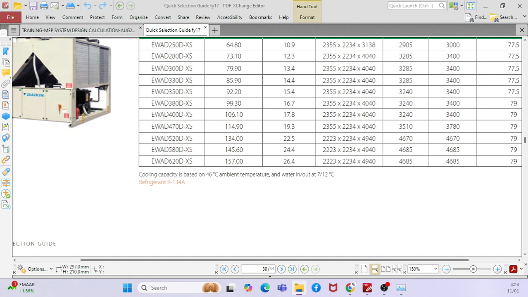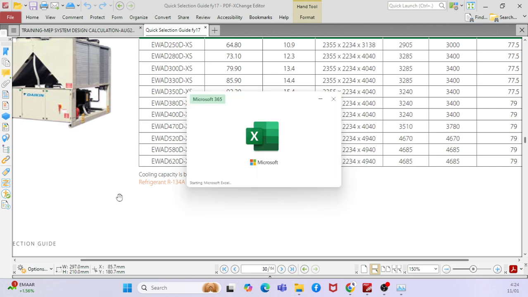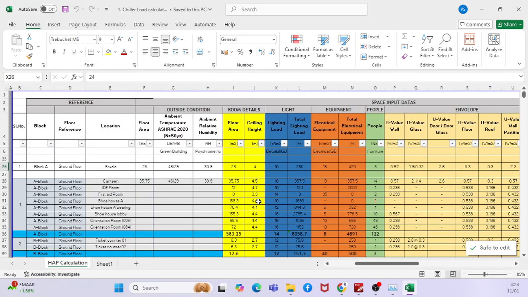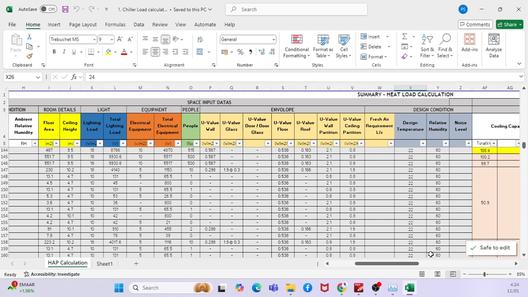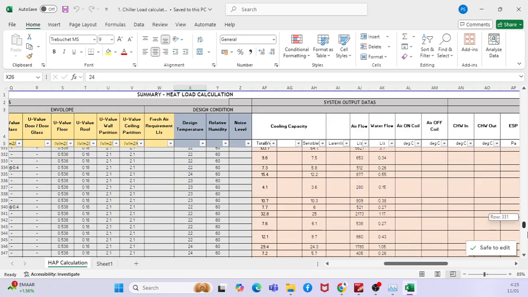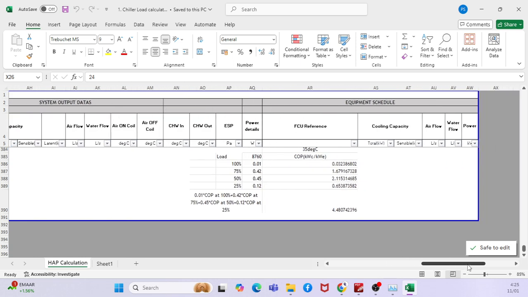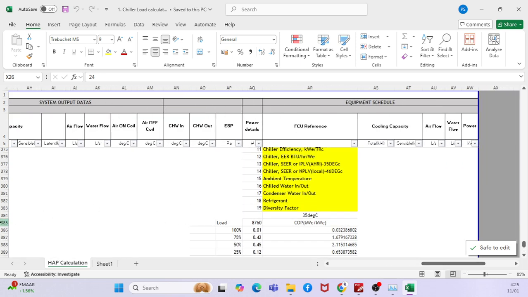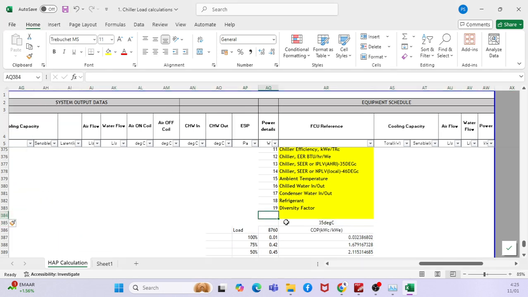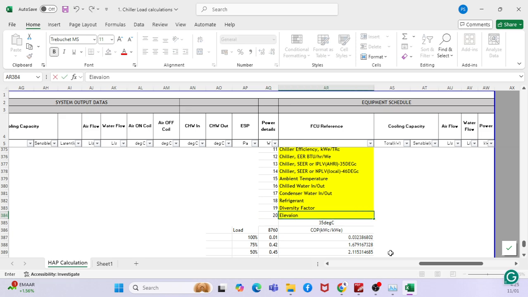Okay, you got the concept right, like for the chiller selection. I will add one more point, which is elevation. Clear?